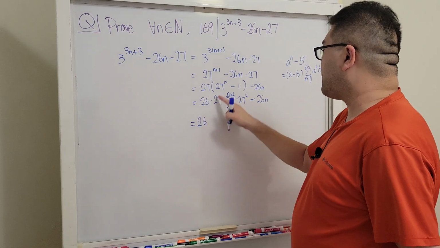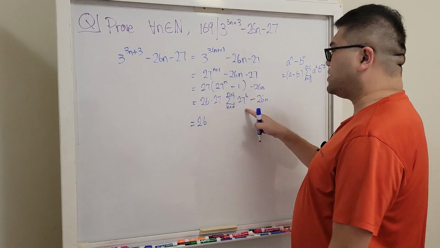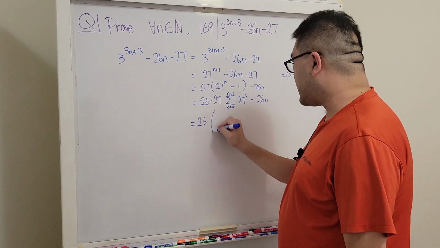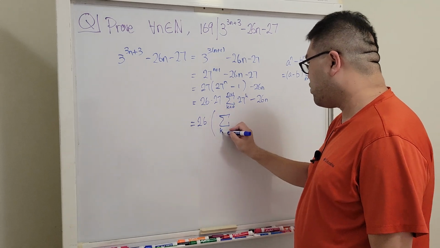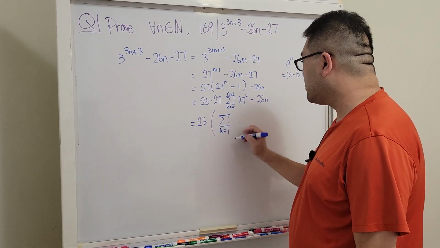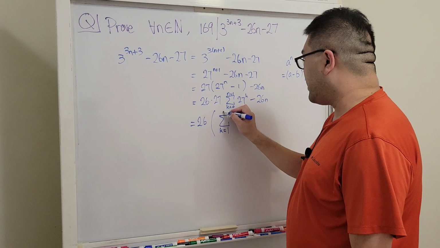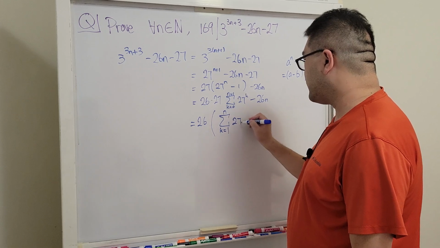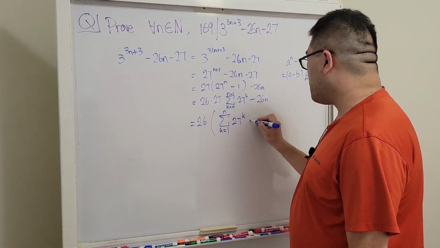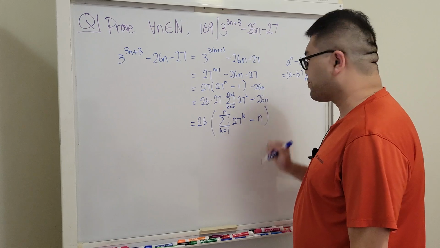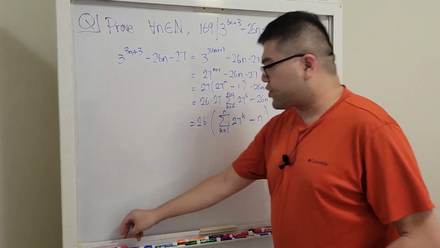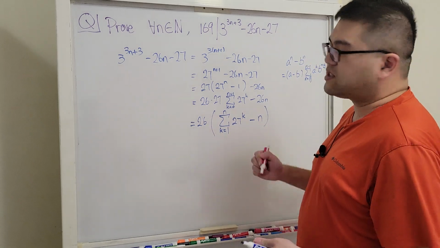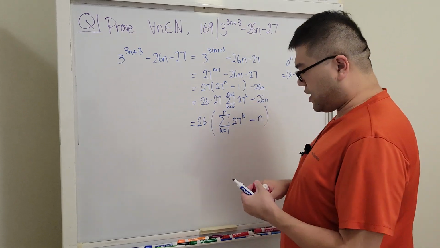And now we can multiply this 27 back in to get the first part as the sum when k starts from 1 to n of 27 to the kth power, minus this n here. So up to this point, we actually got one of the copies of 13 that we need.